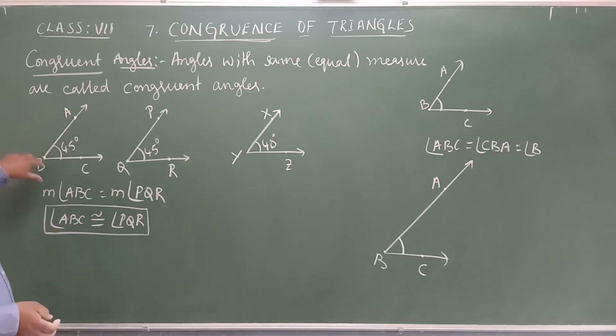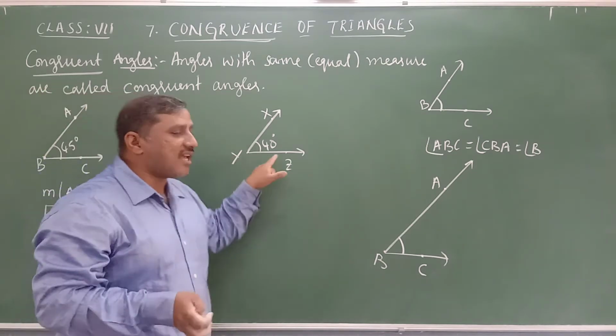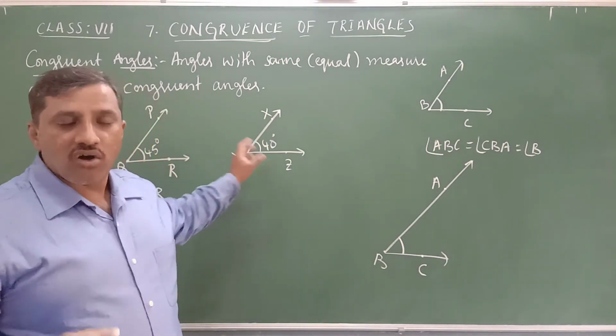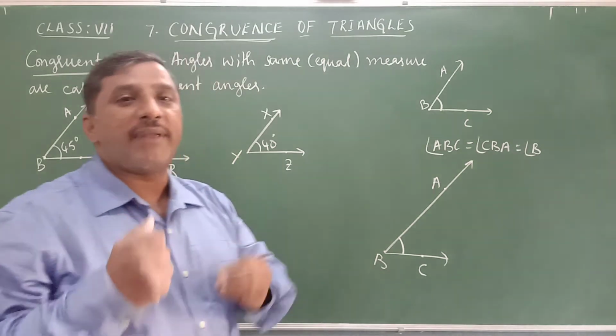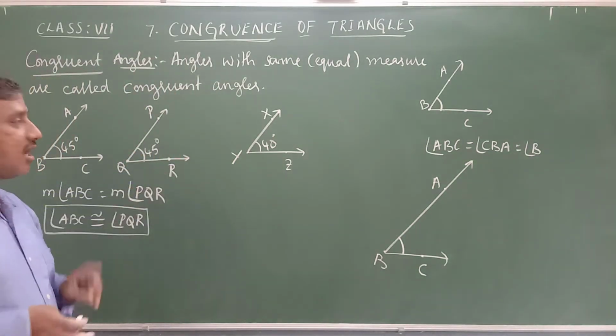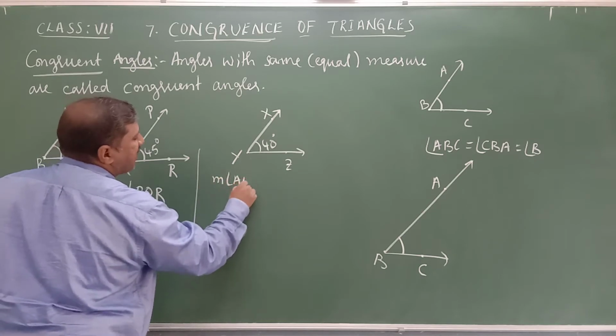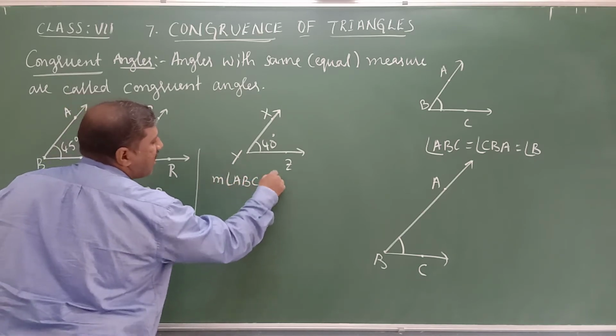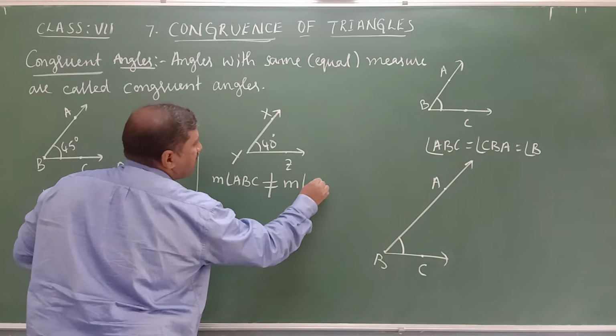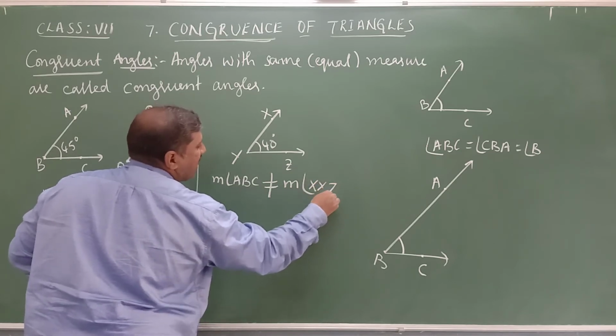Are angle ABC and angle XYZ congruent angles? No. Why? Because their measures are different. The measure of angle ABC, which is 45 degrees, is not equal to the measure of angle XYZ.